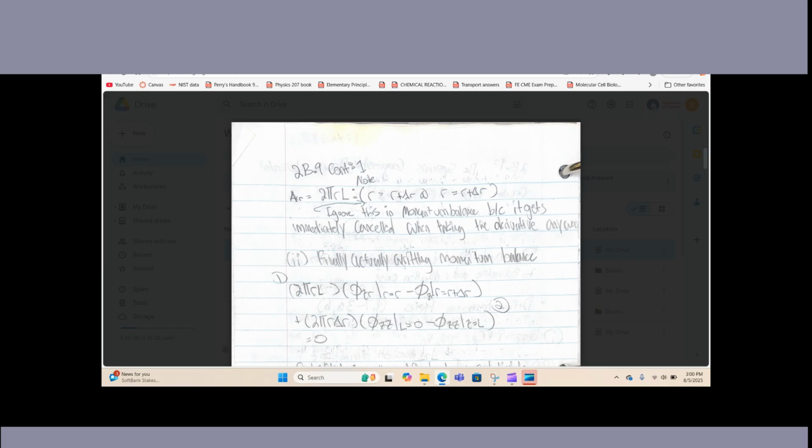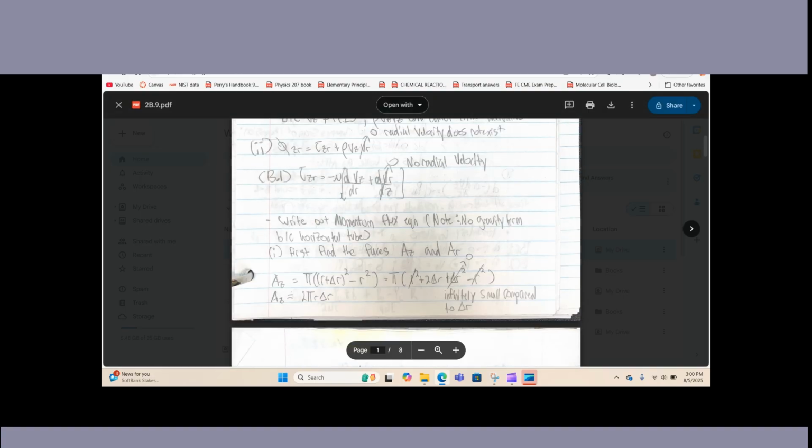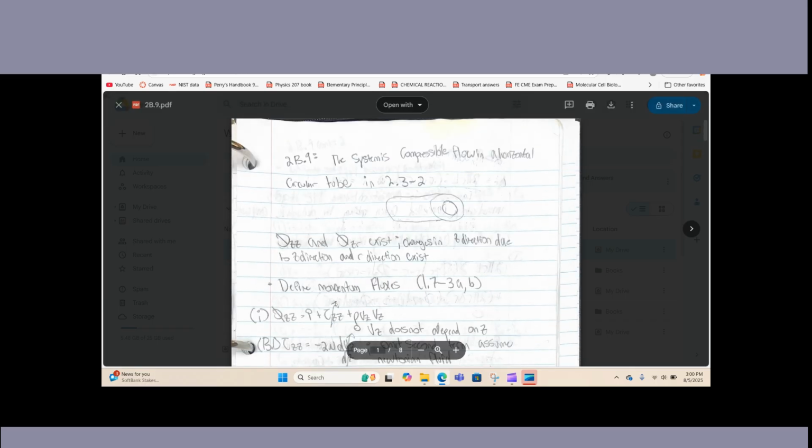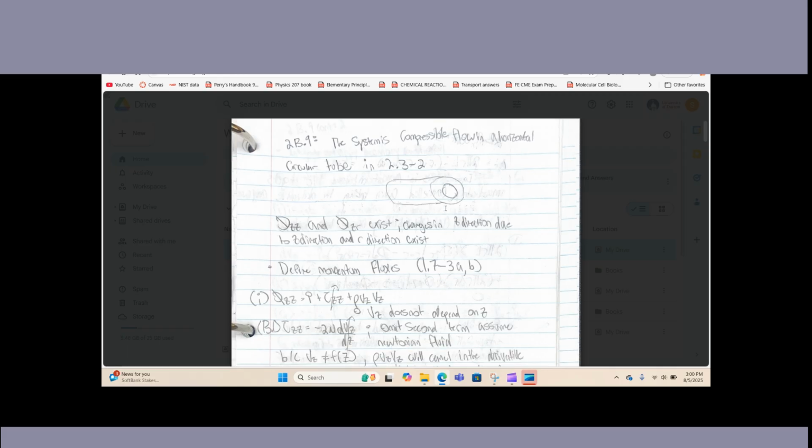This area will change the momentum flux depending on the R value, because there's a regular R here. Well, it doesn't always change. In this one it doesn't change, but in this one it does, because as R changes, the area in the AR direction will also expand with R. But as R expands for the AZ direction, the expression of AZ doesn't change, if that makes sense.